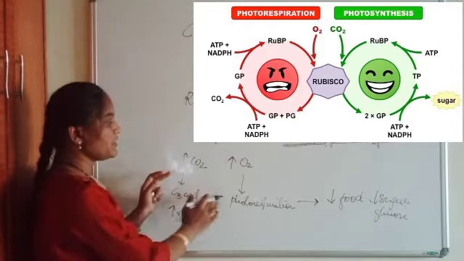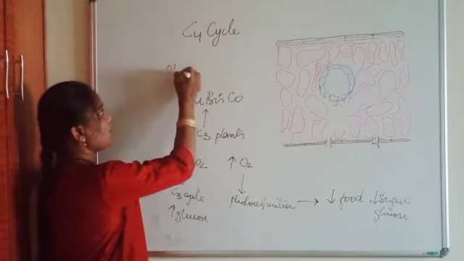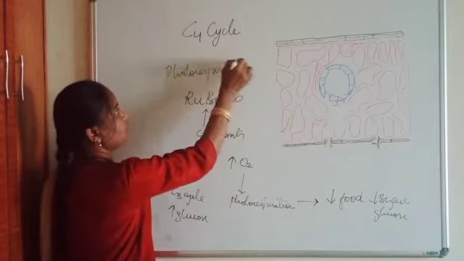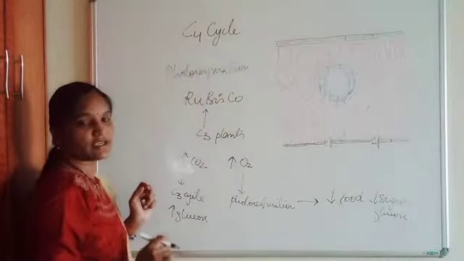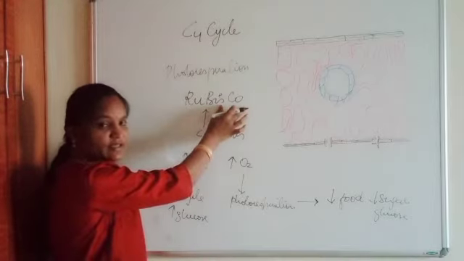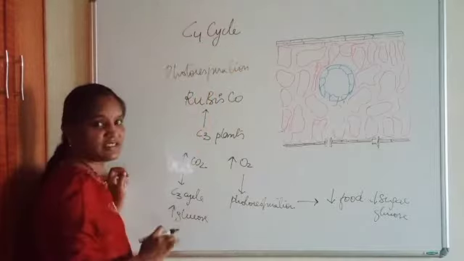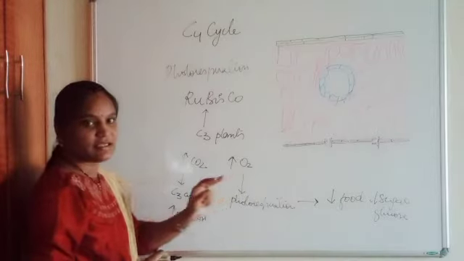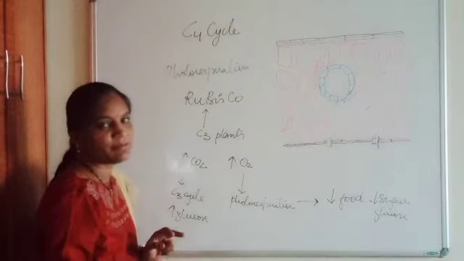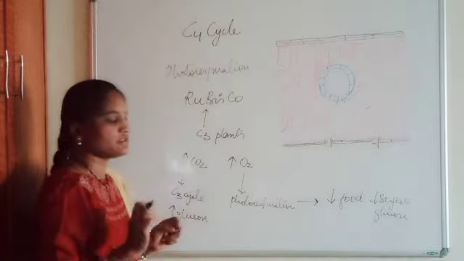So this property, photorespiration, is totally absent in C4 plants, in the C4 cycle. Why? Because in C3 plants the Rubisco enzyme activity is present, but it is lacking in C4 plants. That is the main important point comparing C3 plants and C4 plants.